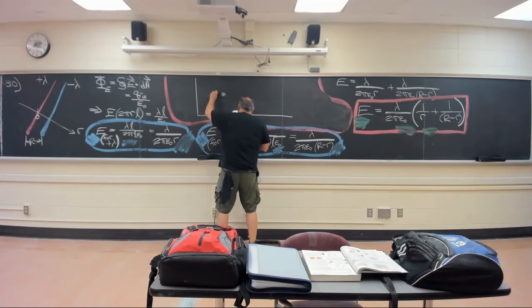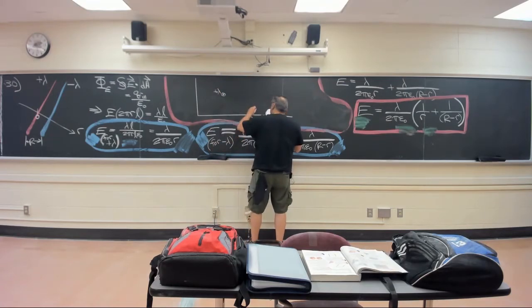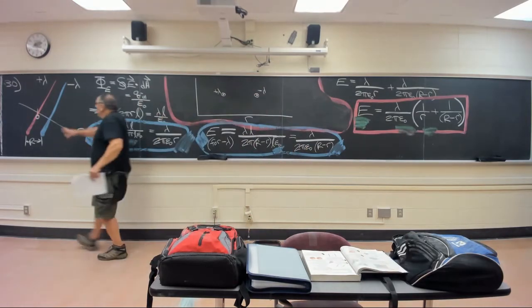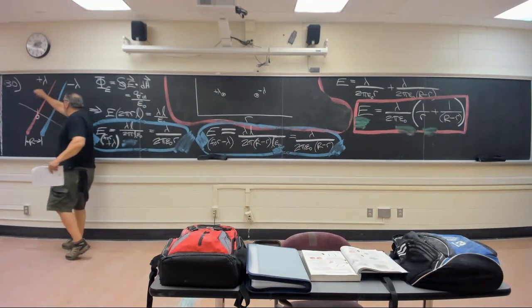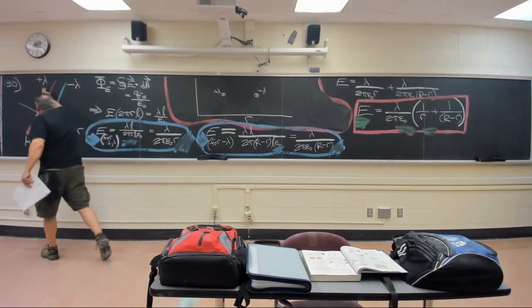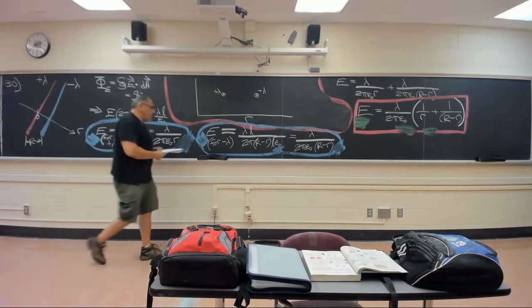This is for plus. There's no real good way to draw this sometimes. That's the plus. This is the minus lambda, the negative lambda. So here's plus lambda to the left, positive lambda to the left, negative lambda to the right.